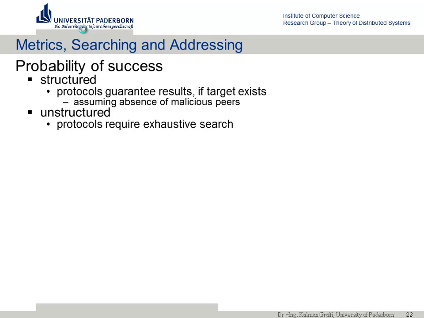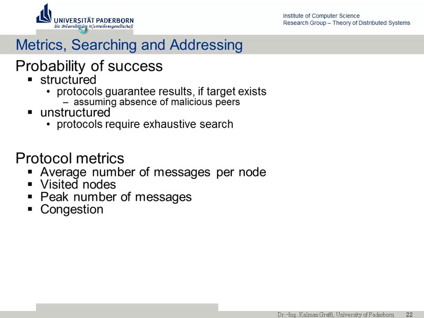In unstructured overlays it's sometimes difficult to have a success probability of 1 if only one single file exists in a very large network. Of course you could also measure the cost, so the average number of messages per node, visited nodes, peak number of messages. So if you judge the quality of any overlay, that's also something to take into account.